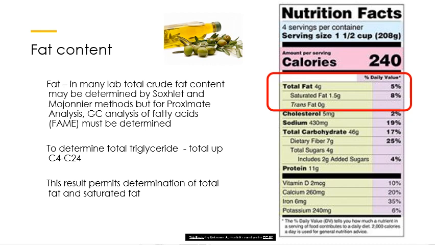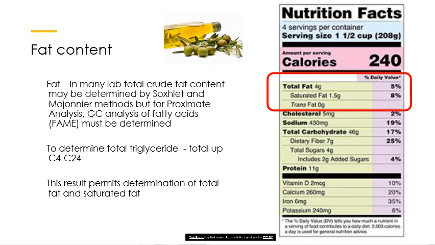So when it comes to fat content, although we can determine total crude fat content by Soxhlet and Mojonnier methods, you still have to perform GC, gas chromatography analysis of fatty acids, in order to determine the total fat and saturated fat.